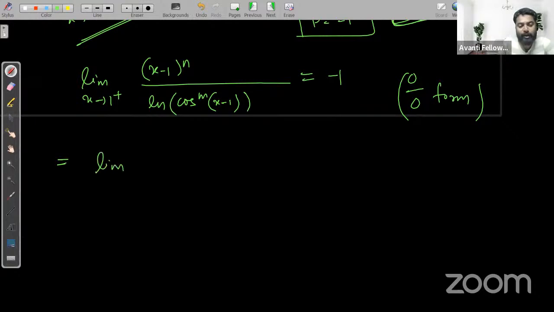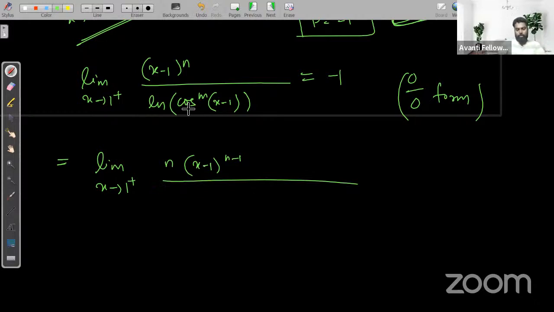So the limit as x tends to 1 plus, this will be n into x minus 1 to the power n minus 1, divided by, using the properties of logarithms, the index power is multiplied. So instead of writing m as the power, I am multiplying m with the main expression, that is m into ln of cos of x minus 1.